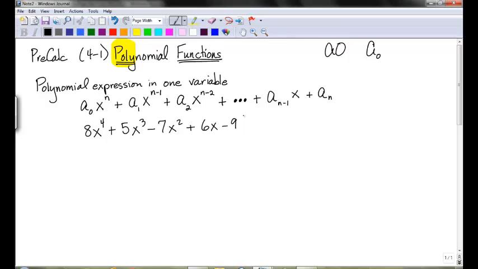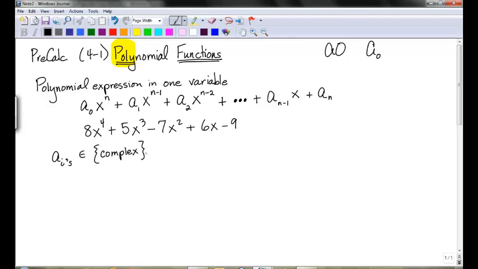All the a's represent the coefficients. Okay? So they will tell you the a sub i's, that's like the a sub 0, a sub 1, a sub 2, all the a sub i's, and that symbol means is an element of. All the a sub i's are elements of the set of complex numbers.